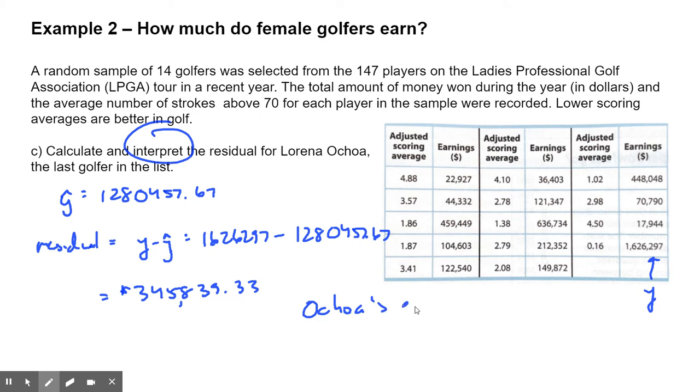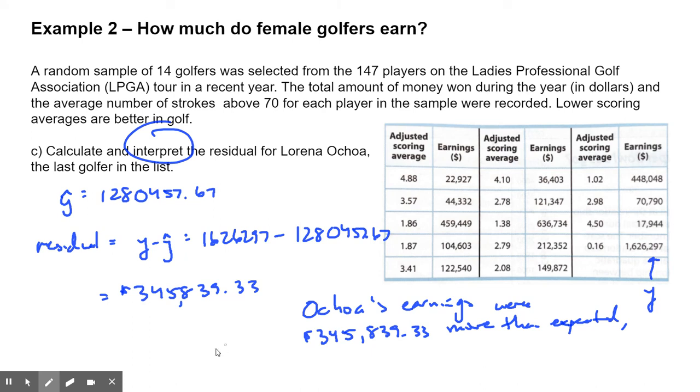Our interpretation, using the last name: Ochoa's earnings were $345,839.33. Because it's positive, it's more than expected. She actually got more than what the exponential model shows.